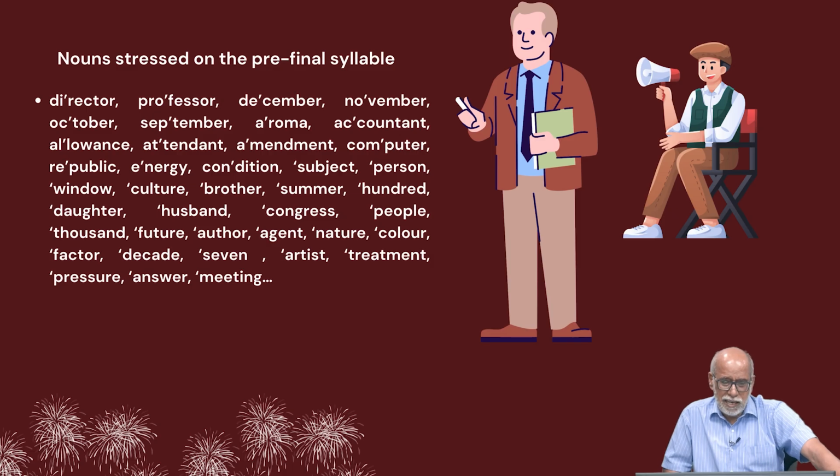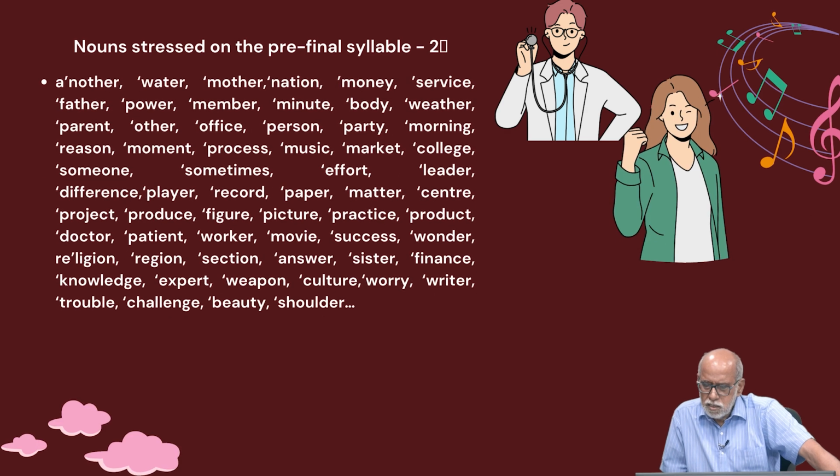So look at nouns like another, water, mother, nation, money, service, father, power, member, minute, body, weather, parent, other, office, person, party, morning, reason, moment, process, music, market, college, someone, sometimes, effort, leader, difference, player, record, paper, matter. They are all pre-final. Okay.